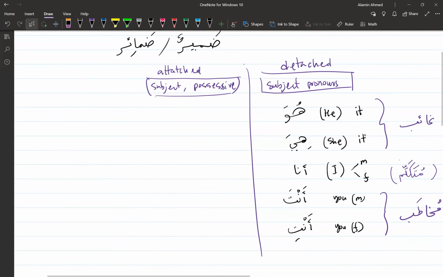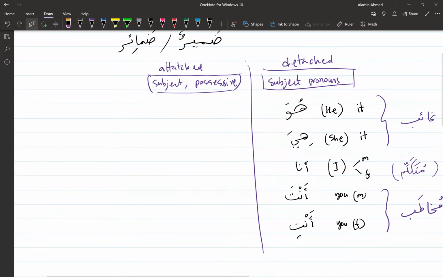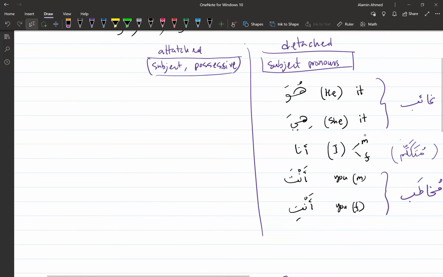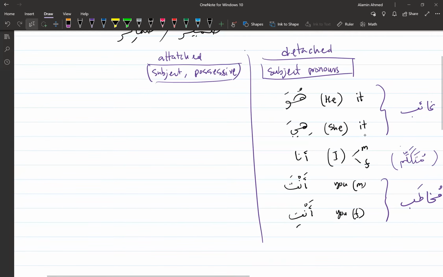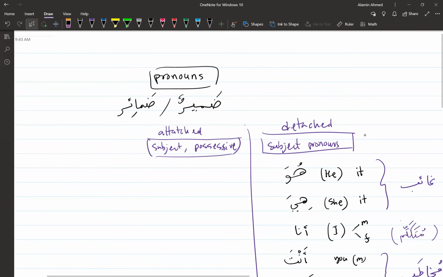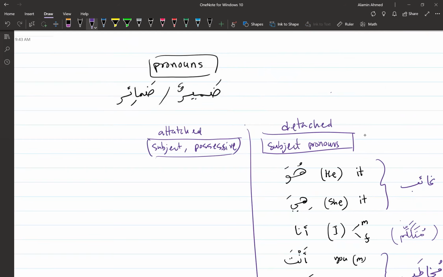Now, when we say possessive, think about case. Let me see if I can explain this a little bit more from the case perspective as well. We can use this one also for the genitive case, genitive, accusative.